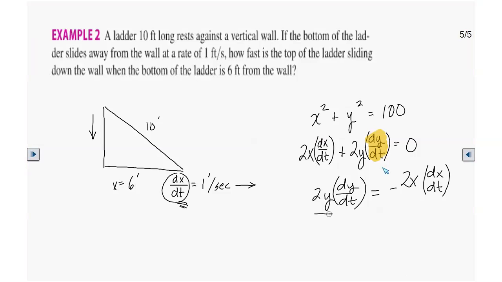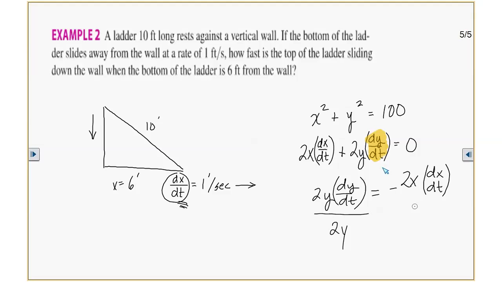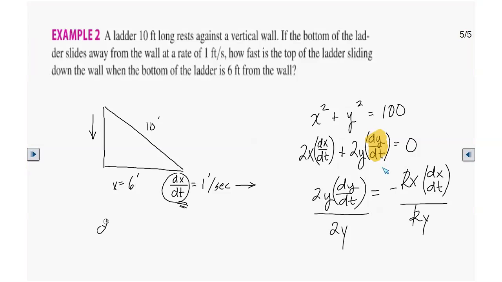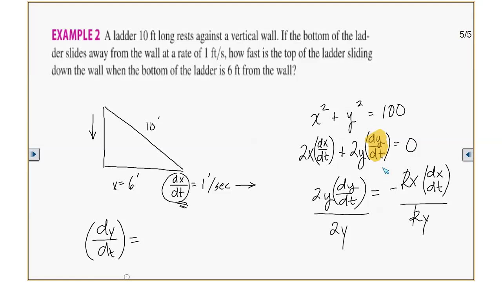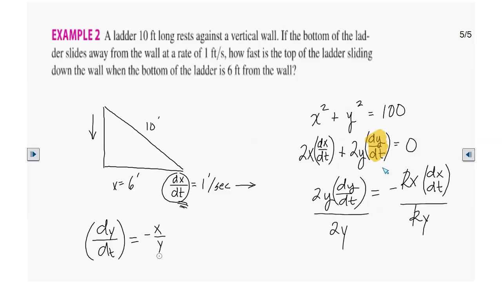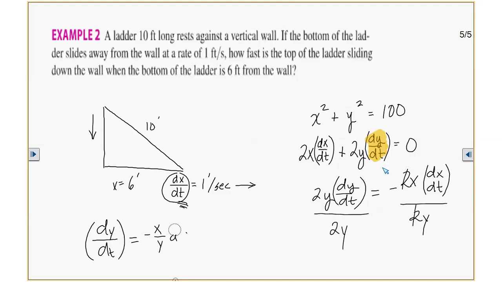Divide by 2y, divide by 2y, the 2's cancel, and dy/dt is equal to negative x over y times dx/dt. I can't write.